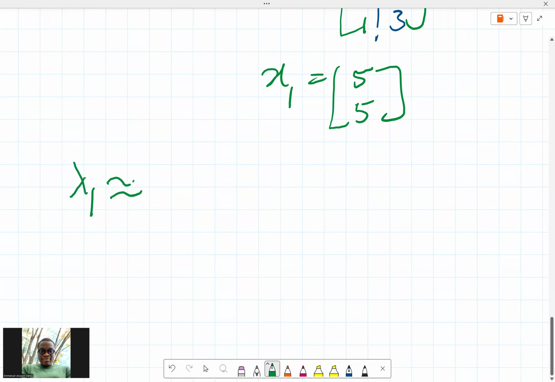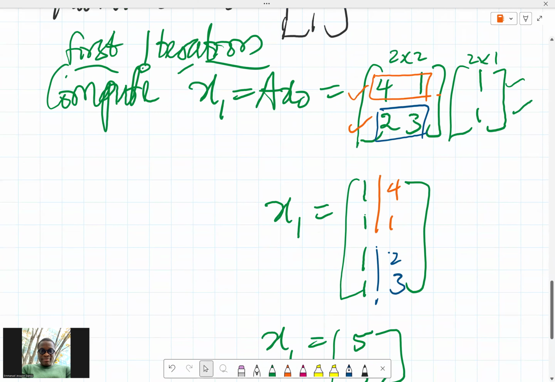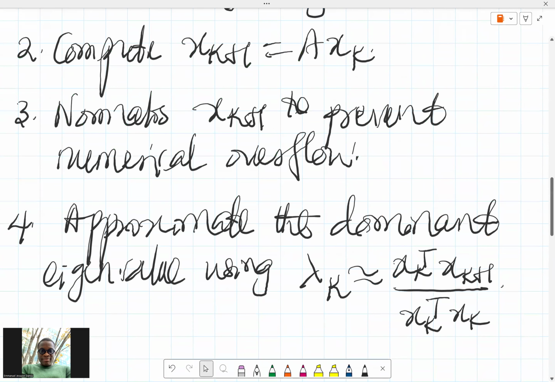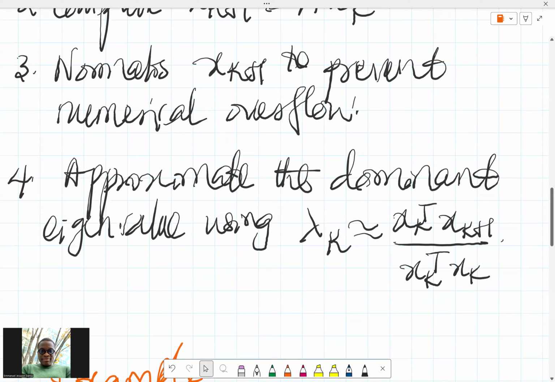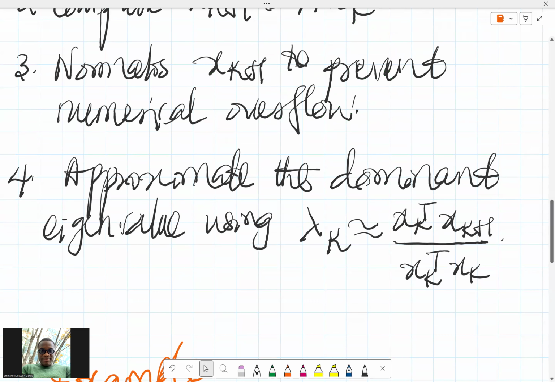From the expression we have up here, it's better to call this lambda k plus 1. It makes more sense to call it lambda k plus 1.